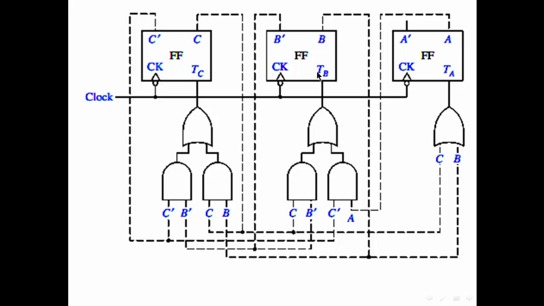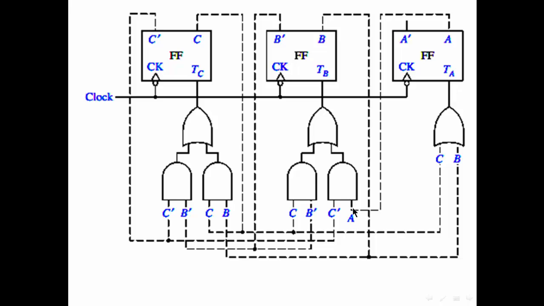TA, TB, and TC are the inputs of the flip-flops. The equation for TA was C plus B. So the C and B are inputs to an OR gate to give the equation of TA, as we obtained from the previous steps.